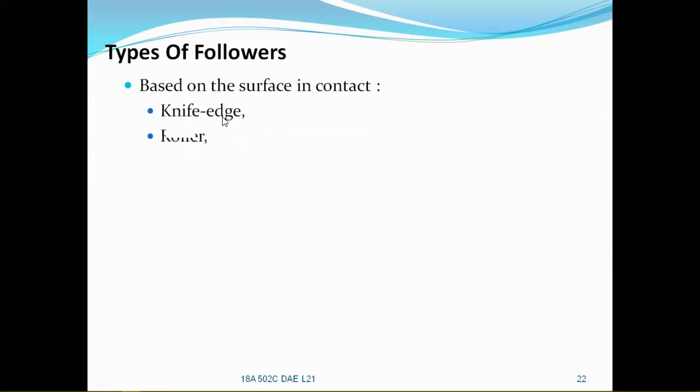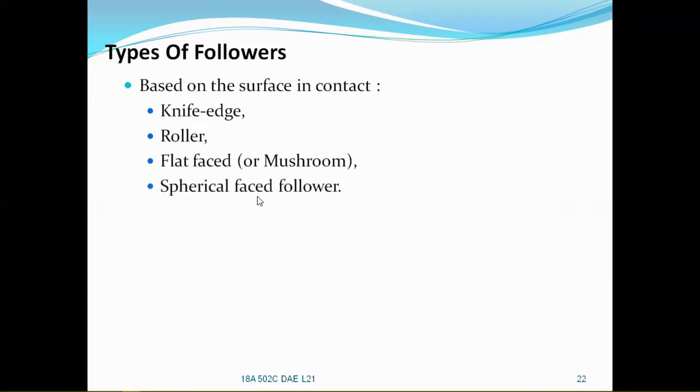And now the types of followers. Types of followers based on the surface in contact: knife edge follower, roller follower, flat faced or mushroom follower, and spherical faced follower.